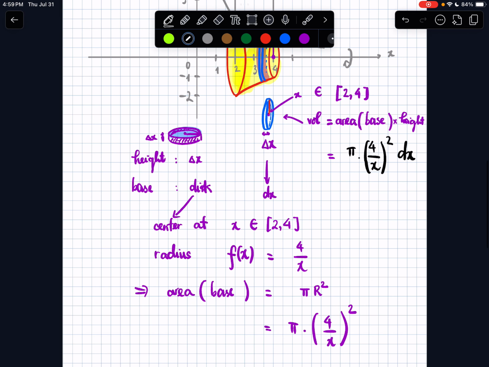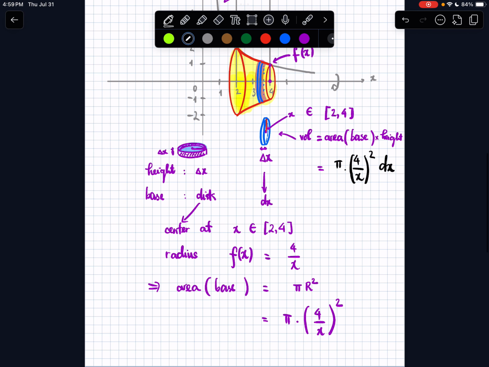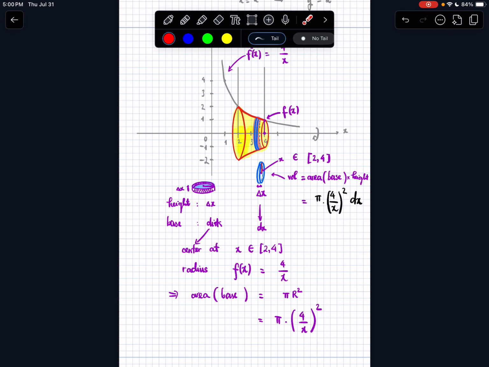That is the volume of one very thin slice. The volume of the whole solid of revolution is the sum of the volumes of the small pieces, where delta x, the height of each piece, tends to 0. This gives us dx here, and the sum, the Riemann sum, becomes the integral.